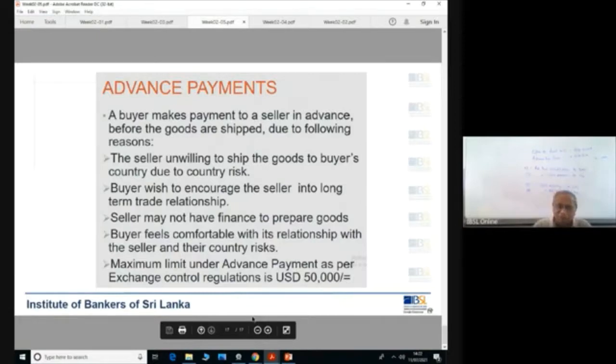These things will not come to you for your exam, but this is for your information because you are bankers, you are working in branches, right? So you should know how to identify these things, malpractices, and how to notify it to the higher ranks, right?